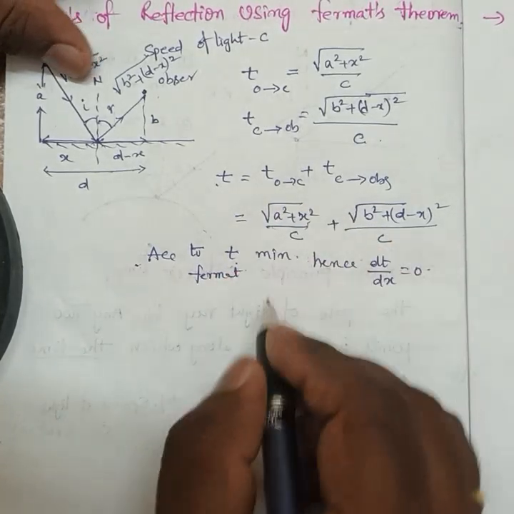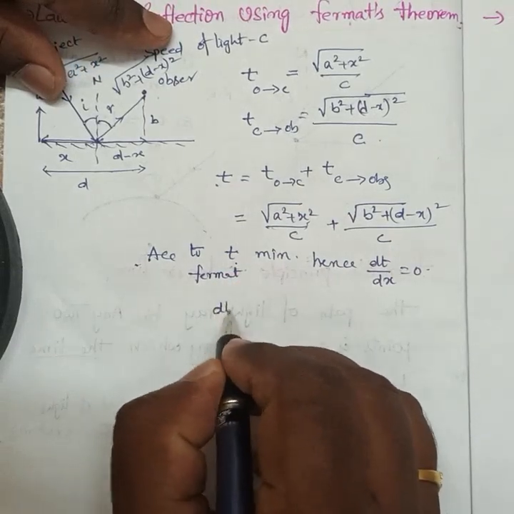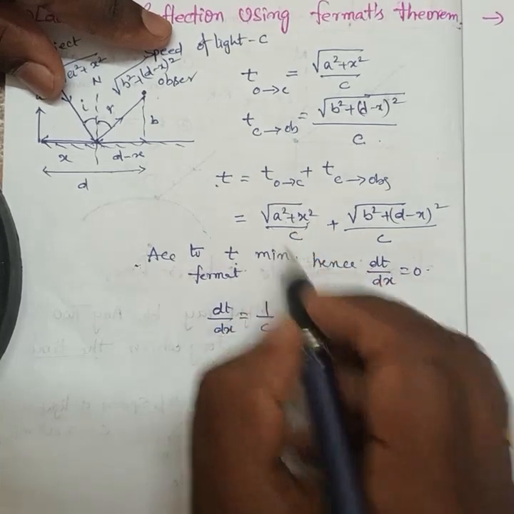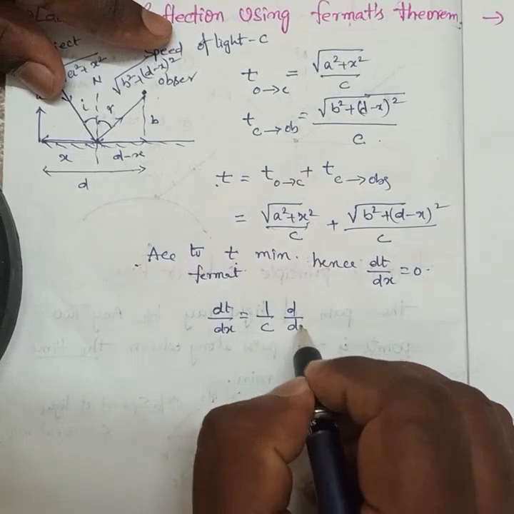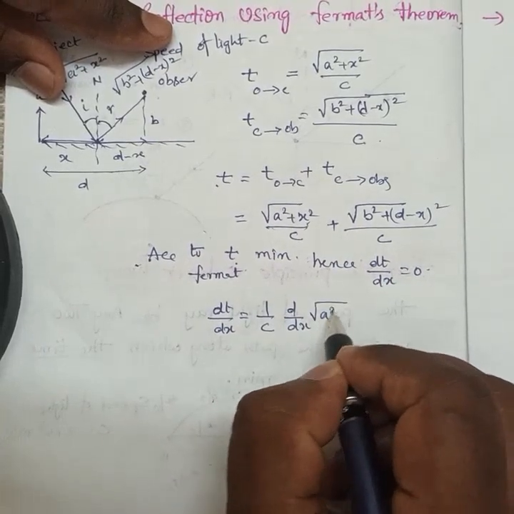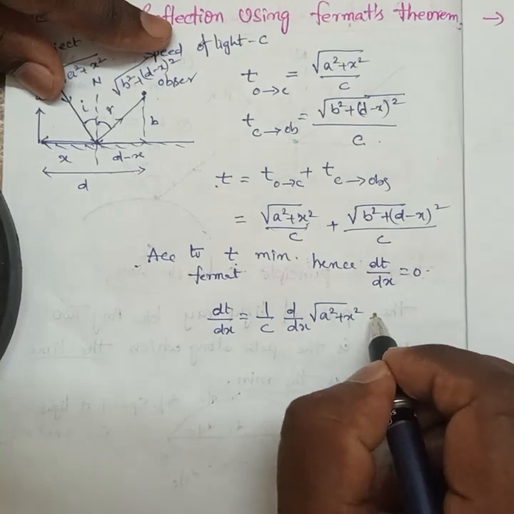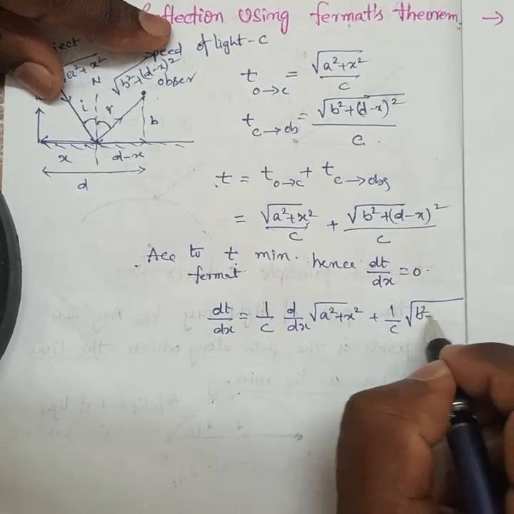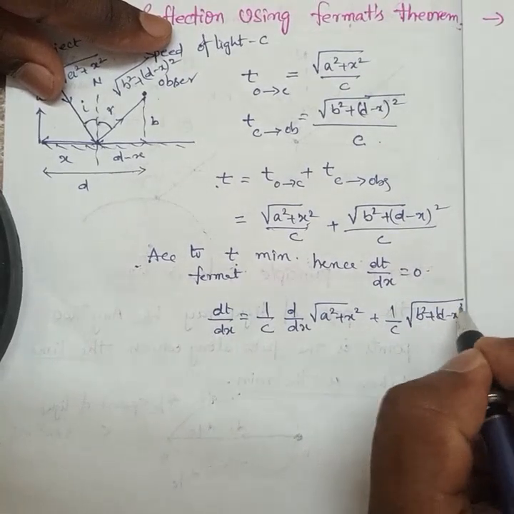If you differentiate this, dt by dx equals 1 by c, which is a constant, times d by dx of under root a square plus x square, plus 1 by c times under root of b square plus (d minus x) whole square.